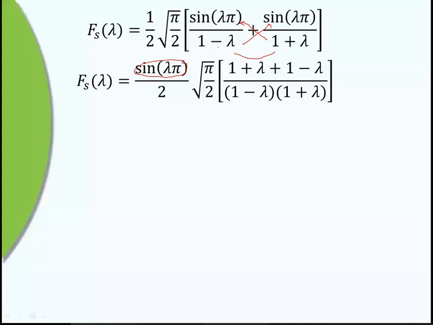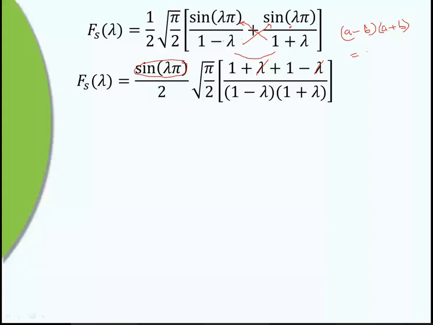Correct? Now the lambda gets cancelled. 1 plus 1 is 2, and we know the formula a minus b into a plus b, which is nothing but a square minus b square.